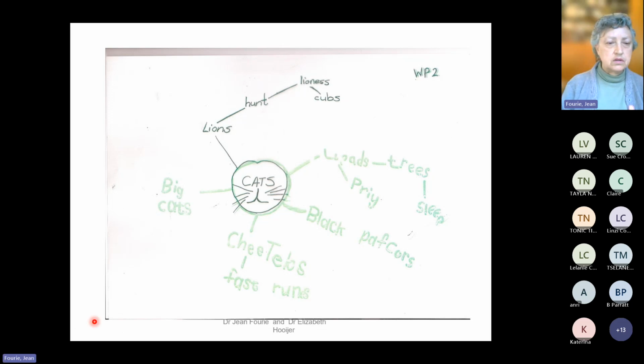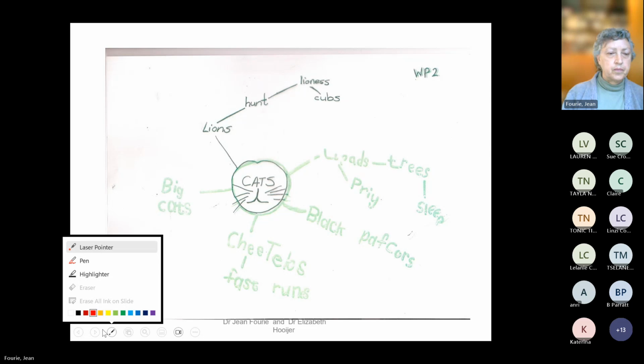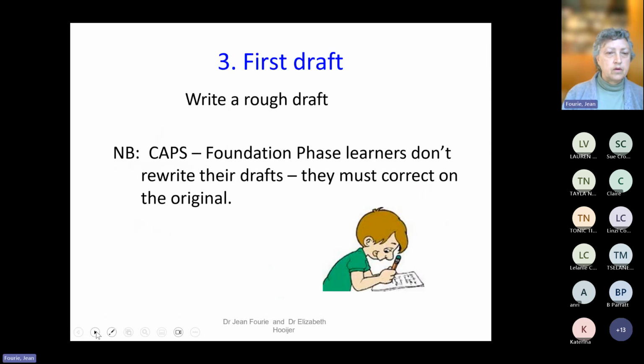Okay, so let's see how we move to the next slide. Okay, so the first thing we do is we write the first draft. So the first draft is a rough draft. We're going to write this down.